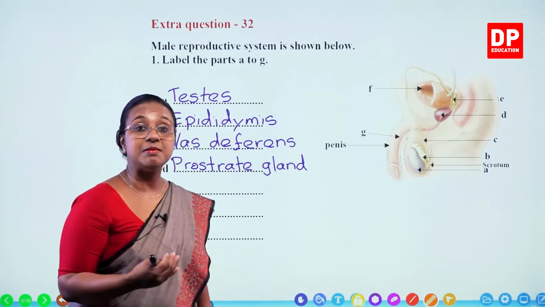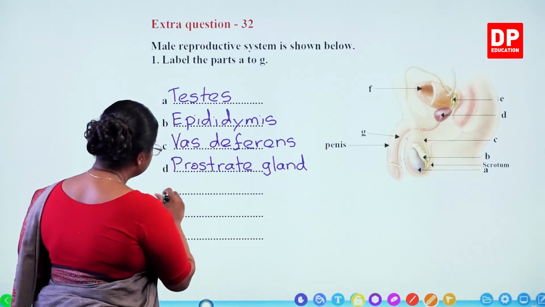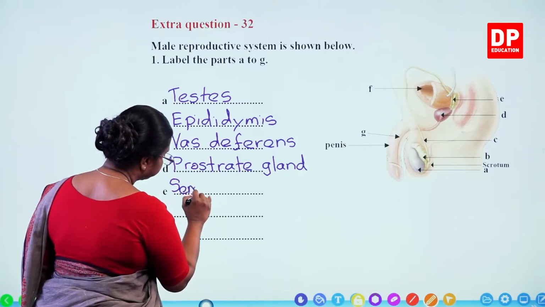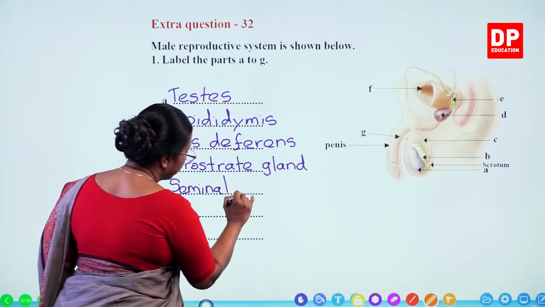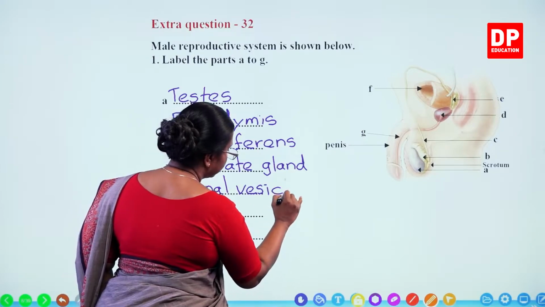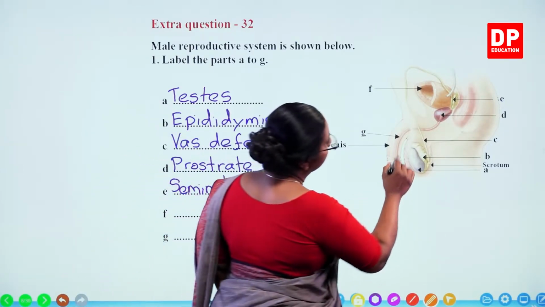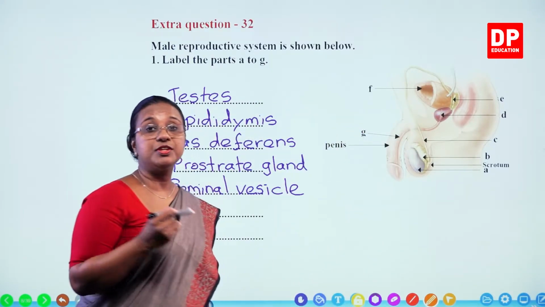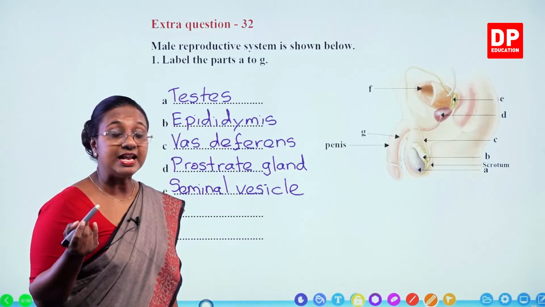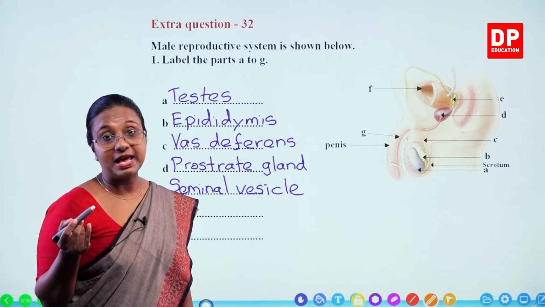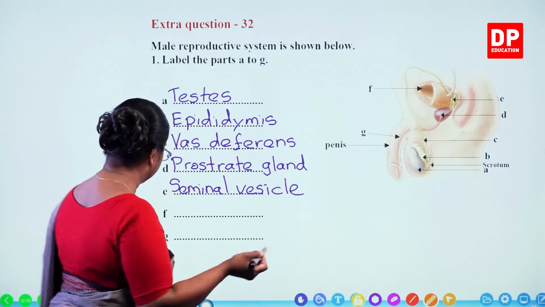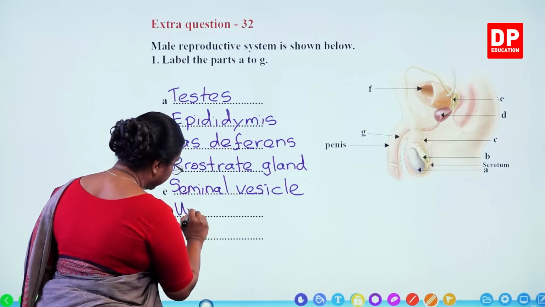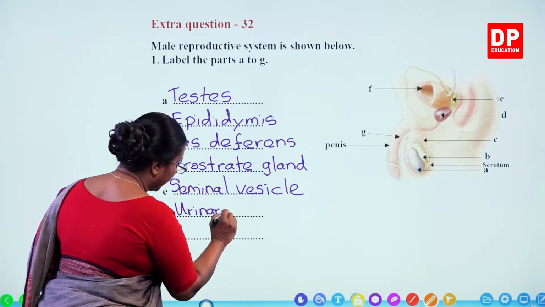That's why the name seminal vesicle. So, that is the seminal vesicle. Then we have the structure F. That is part of the urinary system. What is that? It is the urinary bladder, or we can write it as bladder. So, here I will write it as urinary bladder.